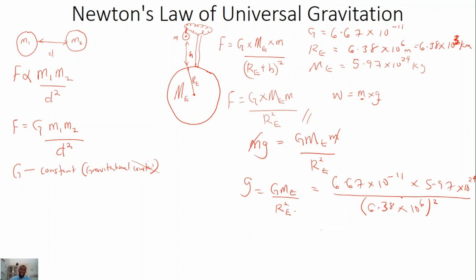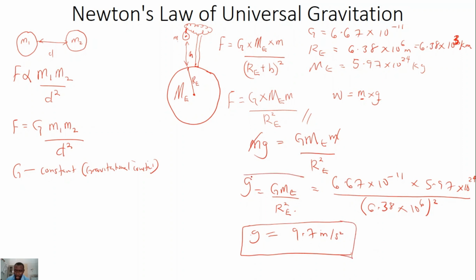If you evaluate this using a calculator, you will get g is equal to 9.7 meter per second squared. And this is where this constant comes from.